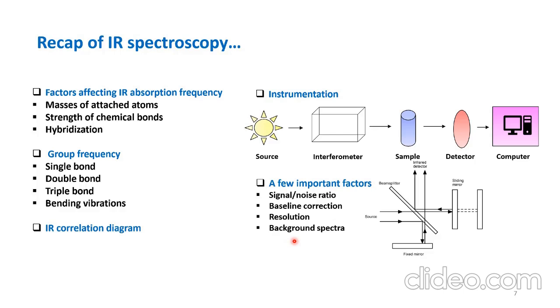If certain gases, for example carbon dioxide, are always present in the atmosphere, that should be subtracted by checking the background before checking the sample, so that it doesn't interfere with the sample spectrum and we get a better result.